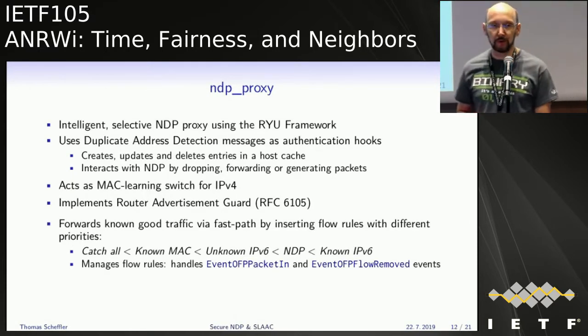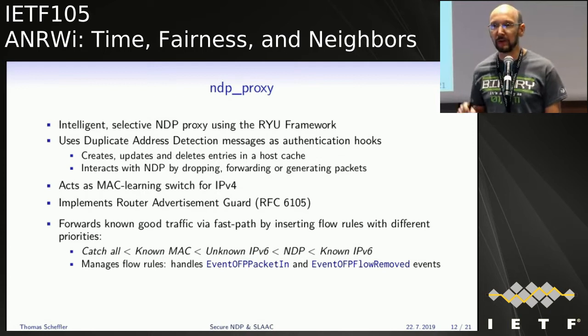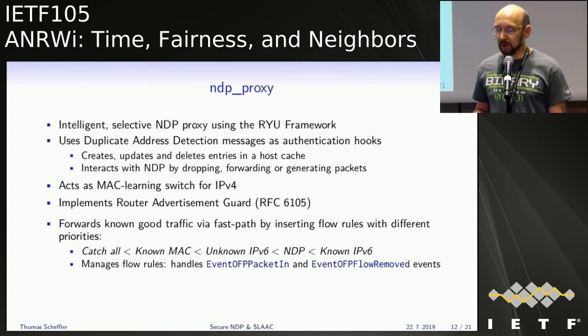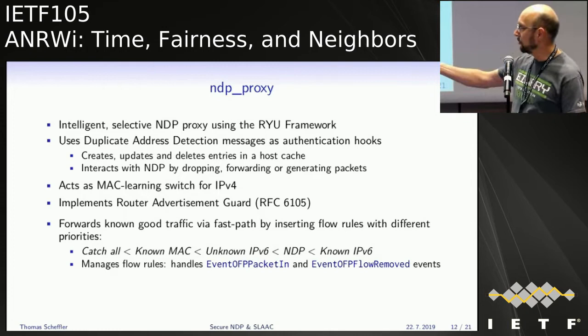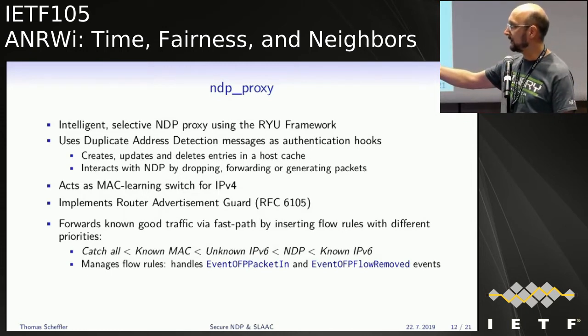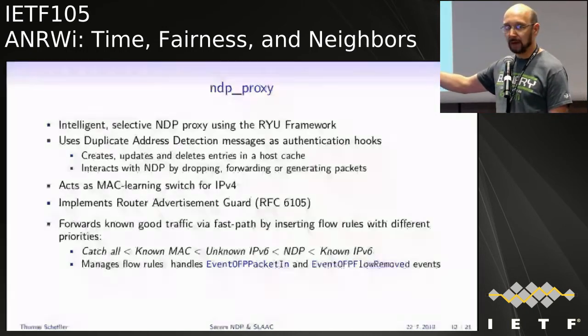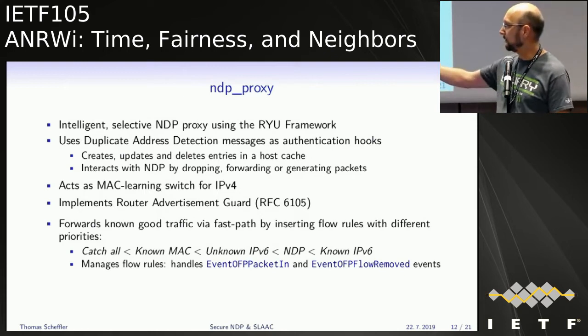What we also did is we didn't want all the NDP traffic hitting the controller, because this would potentially cause performance issues. We managed this by using different priorities for our flow rules. We have a catch-all rule, which has the lowest priority. If a MAC is known, we have flows that take priority over that.